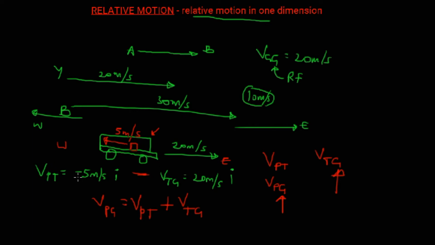So this minus shows that the 5 meter per second is in an opposite direction to the i, the positive x-axis. It is towards the negative x, while the train is towards the positive x-axis.